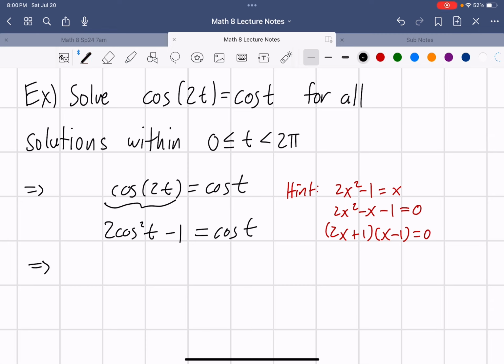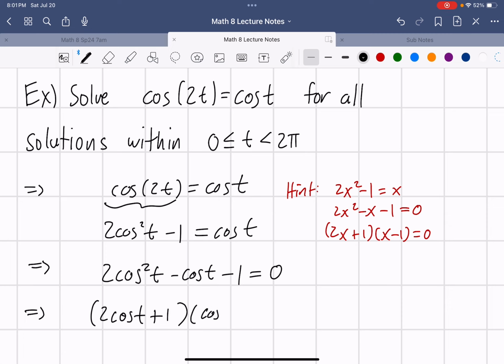And I can do the same thing with my equation by becoming 2 cosine squared t minus cosine of t minus 1 equals 0, which will factor into 2 cosine of t plus 1 and cosine of t minus 1 equaling 0.